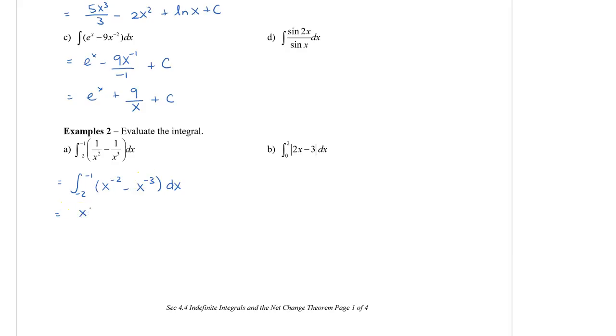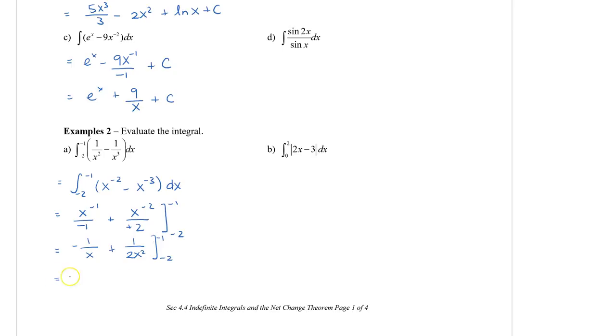So I get x to the negative 1 over negative 1 minus x to the negative 2 over negative 2. So really this is going to be positive, and I'm going to evaluate from negative 2 to negative 1. All right, so if you don't like how this is rewritten, let's just rewrite this as negative 1 over x plus 1 over 2x squared from negative 2 to negative 1.